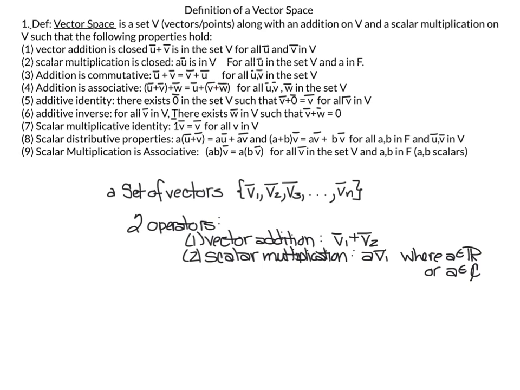Next, we have an additive identity. In other words, there exists a vector, which we will call the zero vector, in the set V, such that any vector v in V, and our vector space is denoted with this capital V, plus the zero vector will give us back our vector v. Next, we have an additive inverse.